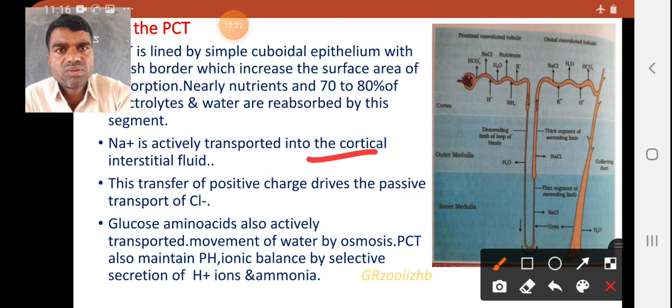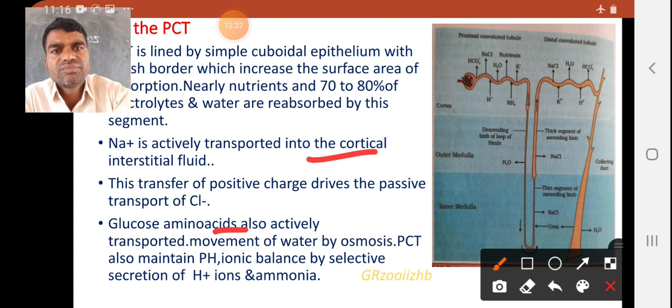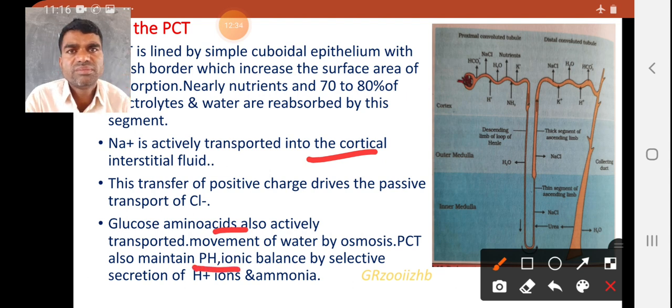Next, glucose and amino acids are also actively transported, and water moves by osmosis. The PCT also maintains pH and ionic balance by selective secretion of H+ ions and ammonia.